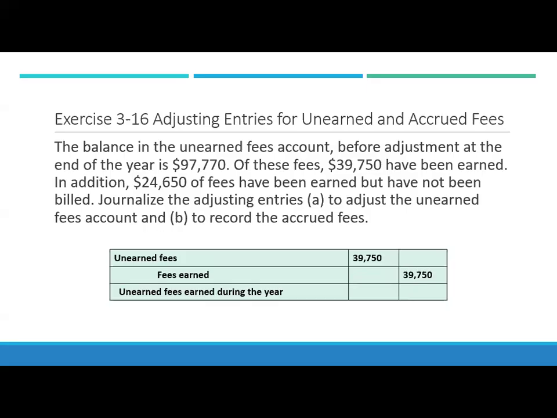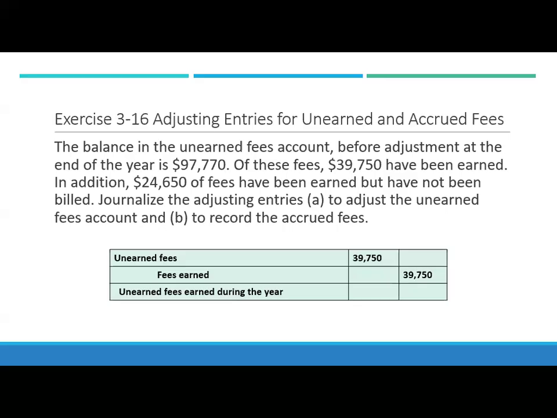Or, for example, a big example of unearned fees is a manufacturing or wholesale company. Let's say they agree they're going to sell 97,770 units for $1 a unit.